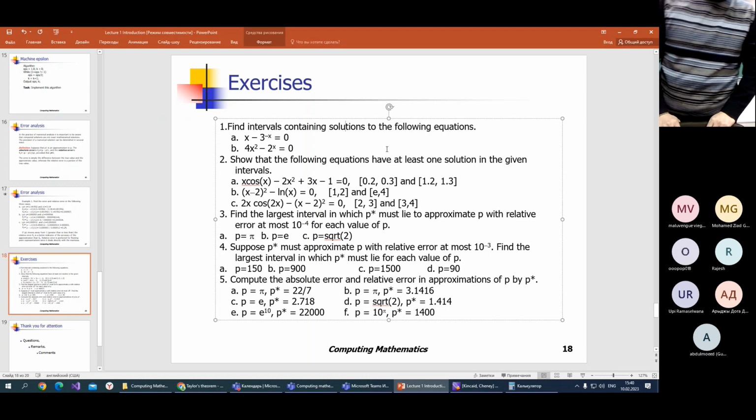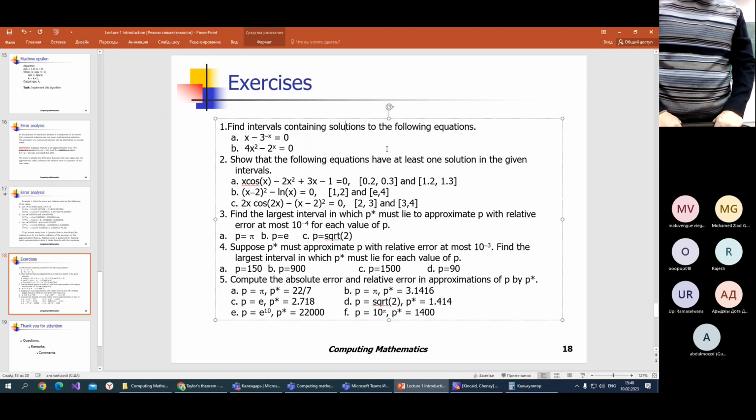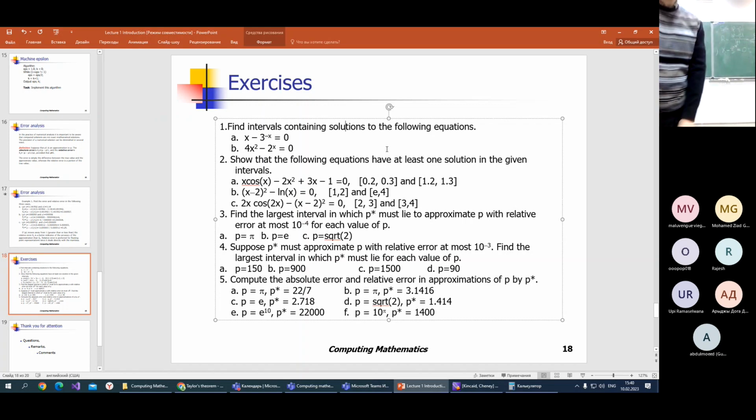Here I put 0. We will get 1 over 3 power x. If I put 0, it means that we have 1 here. So 1 minus 1 equals 0. It's not correct.